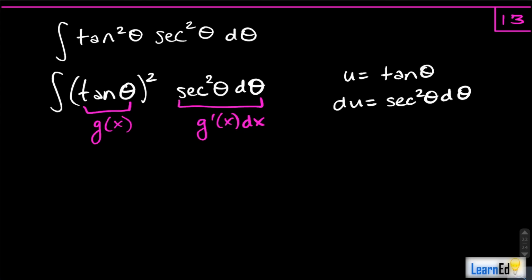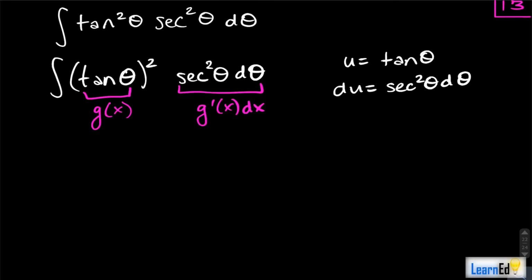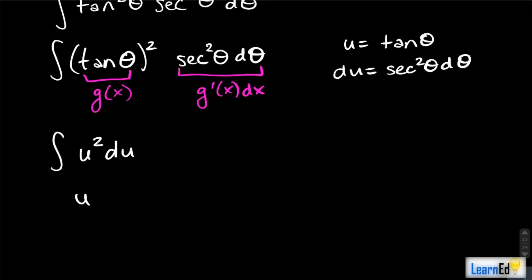Okay, so you can just plug in. You get the integral of tangent is u, so then we have u squared, and then secant squared theta d theta is du. Okay, and then we just integrate that, and we know that's going to be u cubed over 3. Okay, and then we say plus c.